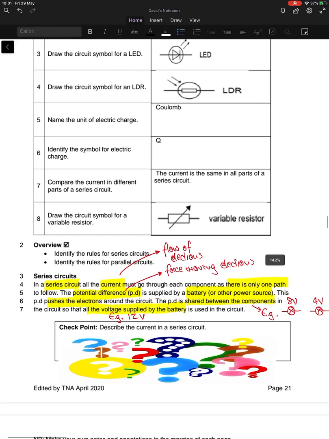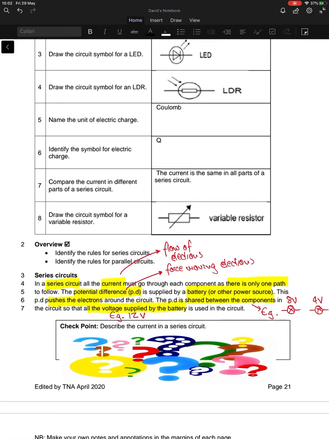Right, so just underneath you'll see a brief paragraph summarising a couple of ideas we've talked about on series circuits already. So it says, in a series circuit, all the current must go through each component as there is only one path to follow.